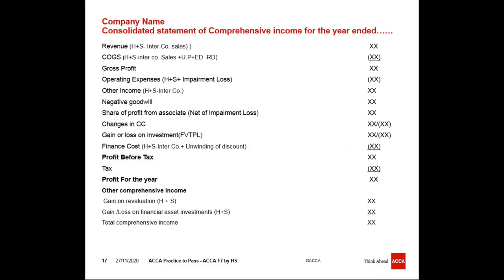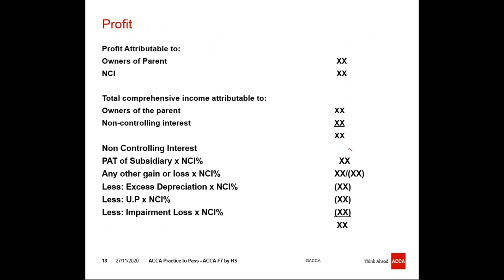This is the format for the calculation of NCI. You can see here that we have calculated the value of NCI based on this format at the bottom of this slide. I think it's clear now.